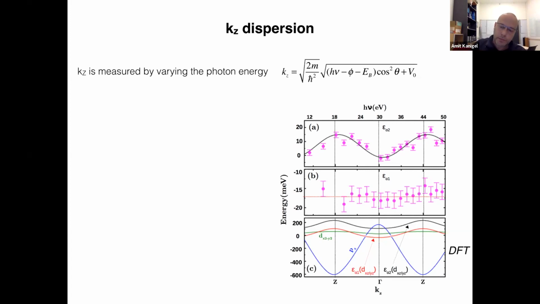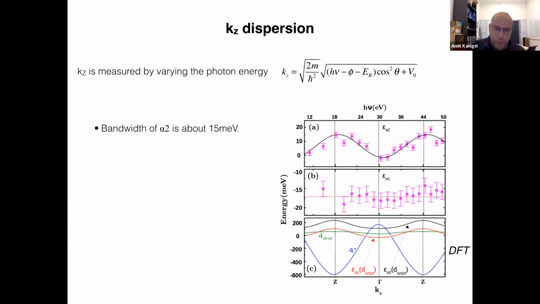And what we find is that indeed this alpha 2 creates a pocket, and there is some dispersion along KZ, the bandwidth is about 15 millielectron volts, as expected, very small compared to most metals, let's say.